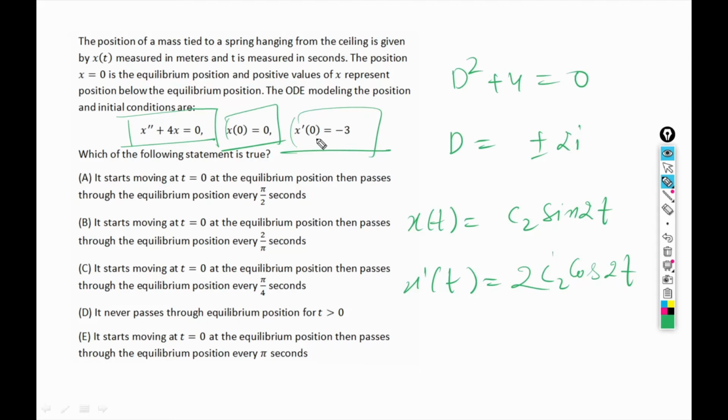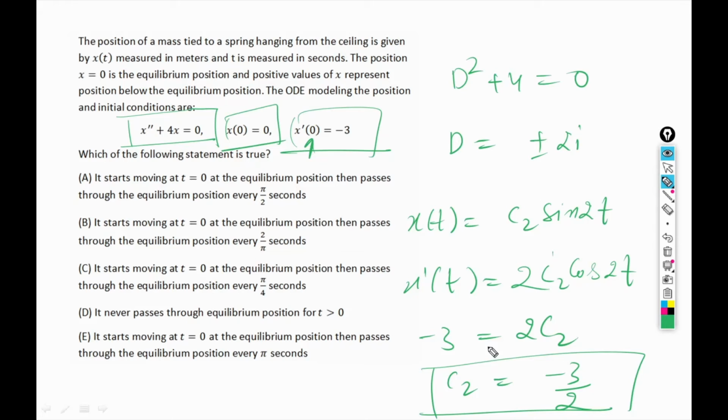Then if we put t equals 0, then we will have x' equals minus 3, which is equal to 2c2, because cos 0 is 1, and c2 equals minus 3 by 2. Okay, c2 is equal to minus 3 by 2.